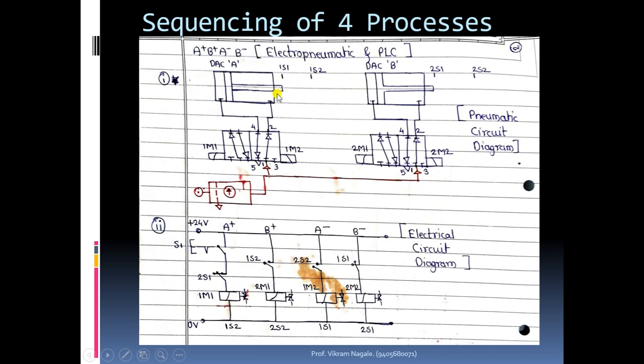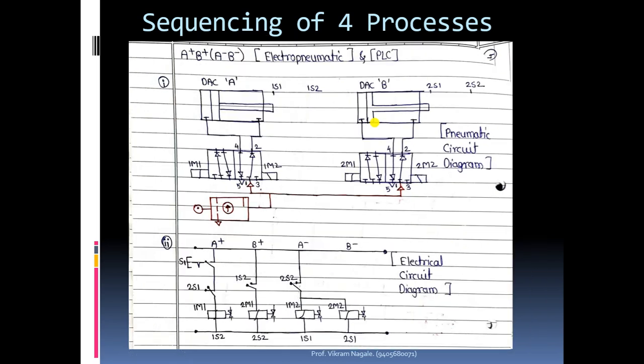Now this circuit diagram is the same for all such sequences where A plus and B plus is the first output for the system. So unless and until that sequence changes, there is no need to change this circuit diagram.